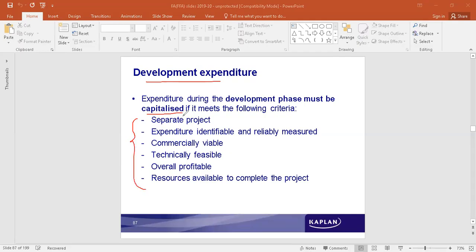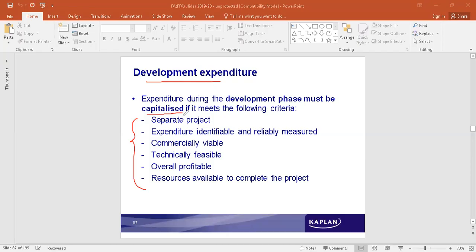It's not that some expenses are incurred in general, but it is specific to a project. Expenditure is identifiable and reliably measured, commercially viable, technically feasible, overall profitable, with resources available to complete the project. Then the life will be associated with the project. As long as the project is there, the development expenses will also be spread over that long period.